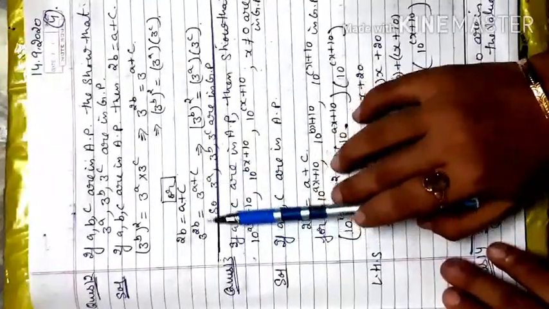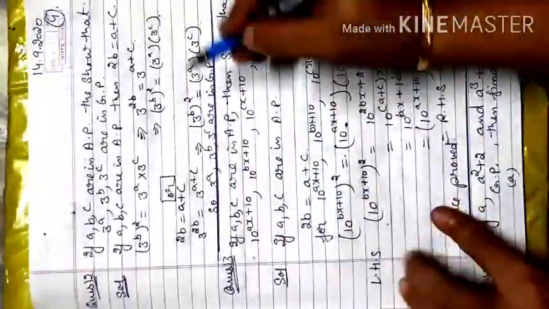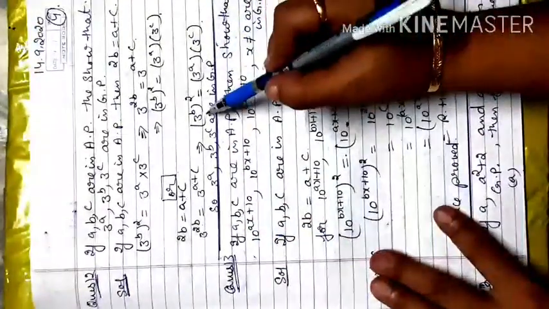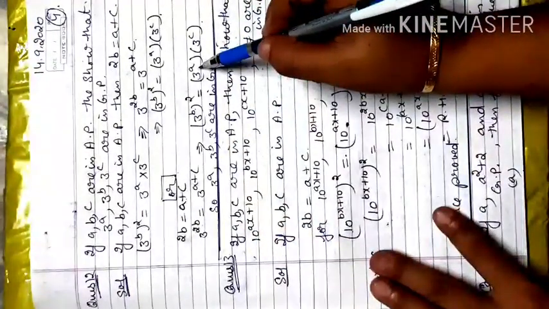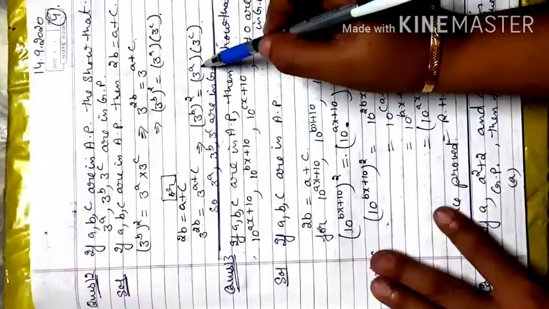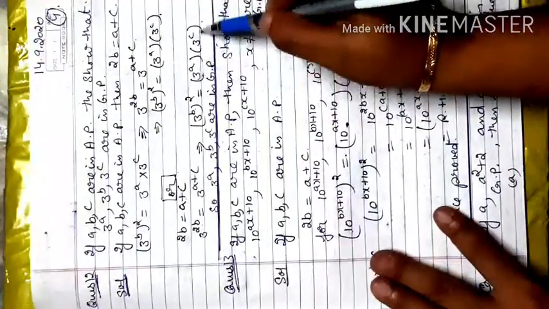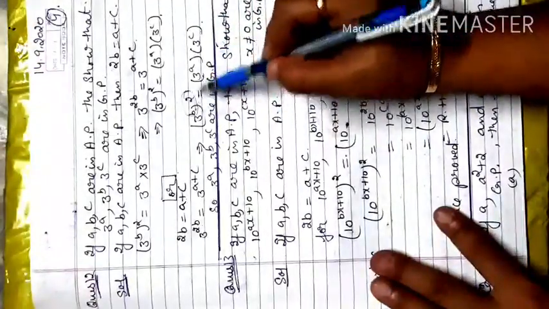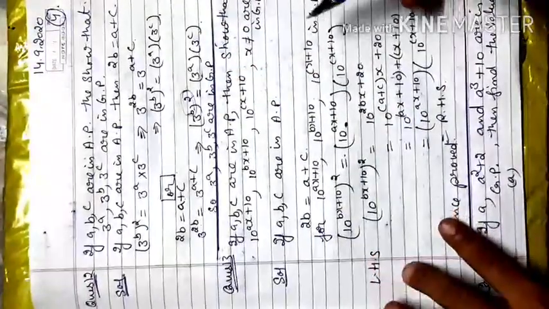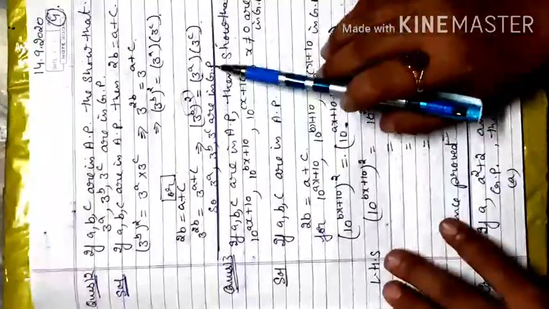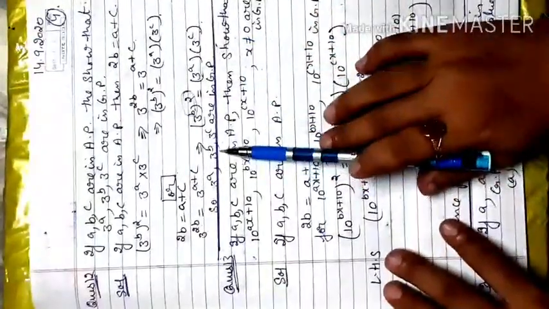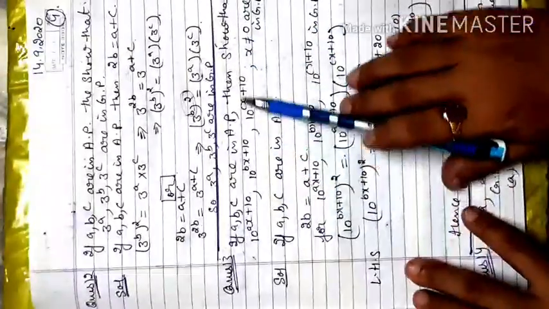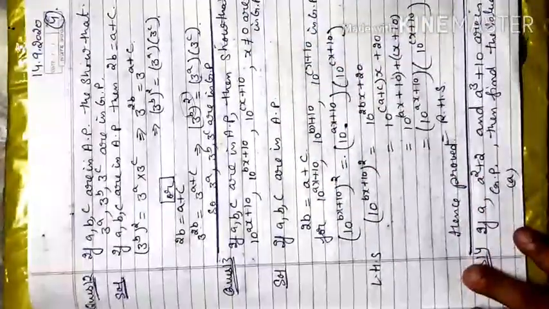Then you just pick this term 2b, or you can replace 2b with a plus c, and separate the term like this because the square is outside. In place of 2b you can directly apply a plus c and separate the term. So that means 3^a, 3^b, 3^c are in GP. If a, b, c are in AP, then show that, I just explained to you.